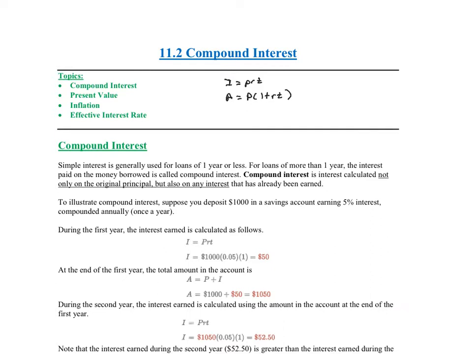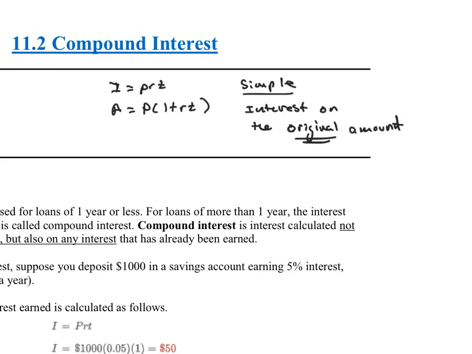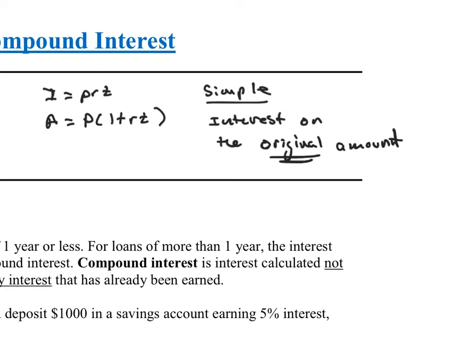The big thing with simple interest is when you have simple interest, it is interest on the original amount. So let me write that now. So now that I've written it out, let me use a quick, easy example. Imagine if we had $100 that we put into an account, and we had an interest rate of 10% per year.